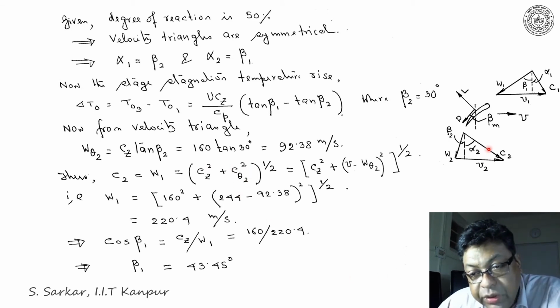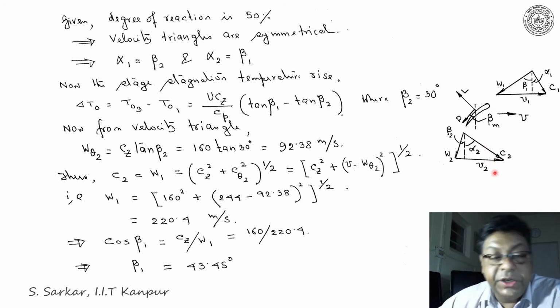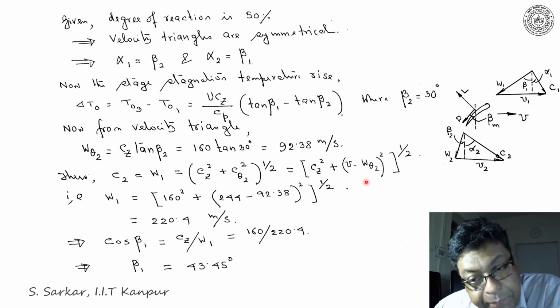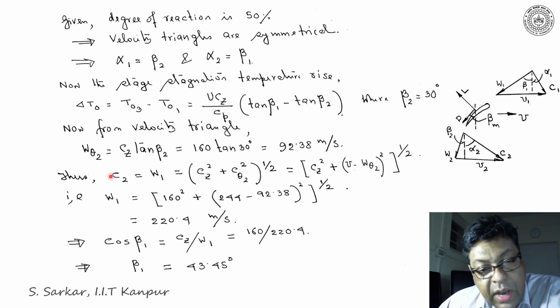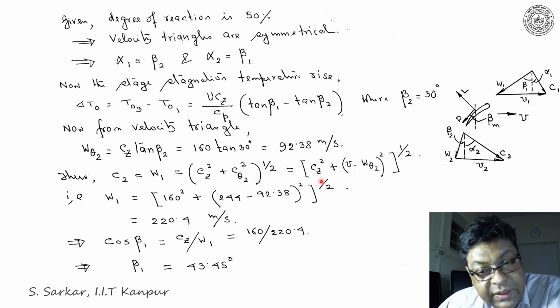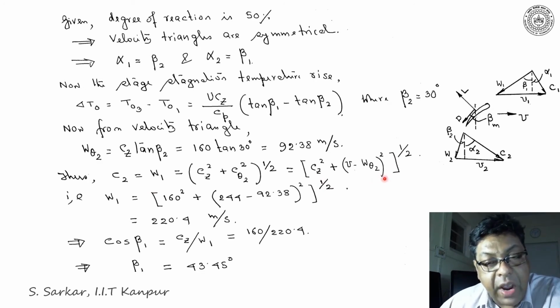C theta 2 is the tangential component of C2. Now C theta 2 can be written as U minus W theta 2. So I have projected W1 as equal to Cz squared plus U minus W theta 2 squared, to the power half.